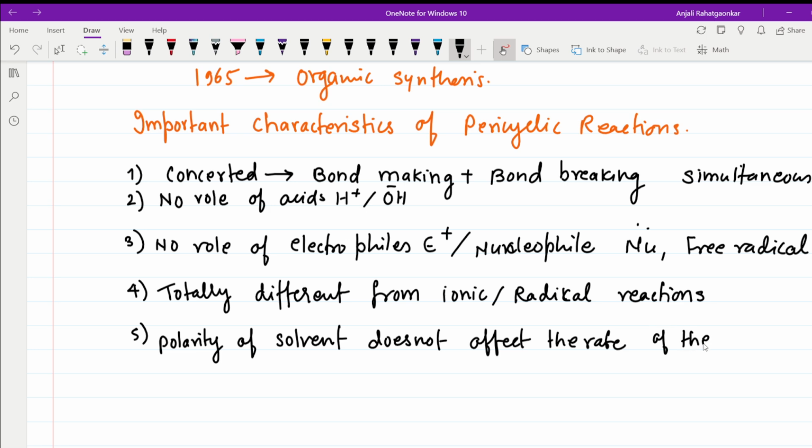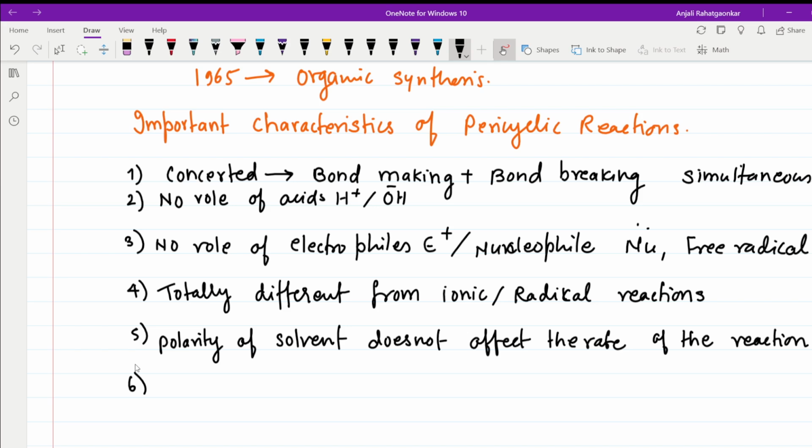So the solvent doesn't have any role in its initiation or the acceleration of the rate of the reaction. So this is the wonderful characteristic that a pericyclic reaction does not require anybody to move in the forward direction.